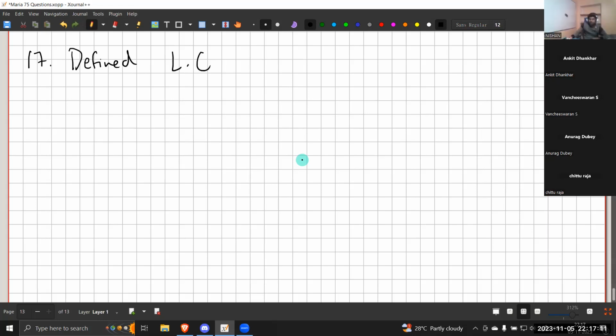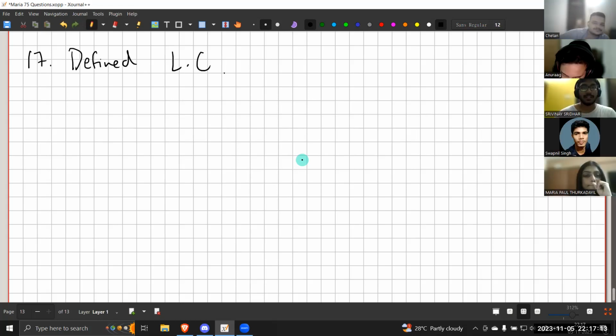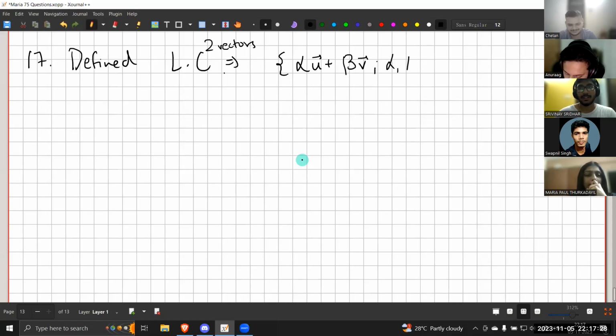So we defined a linear combination, and given a linear combination for two vectors, it is nothing but alpha times u plus beta times v, where alpha, beta are real numbers. Now let's try to go step by step.